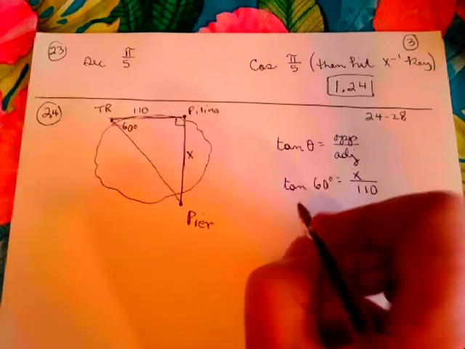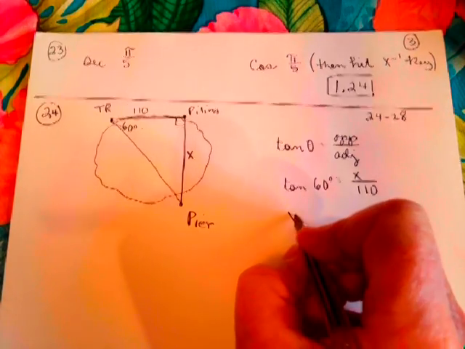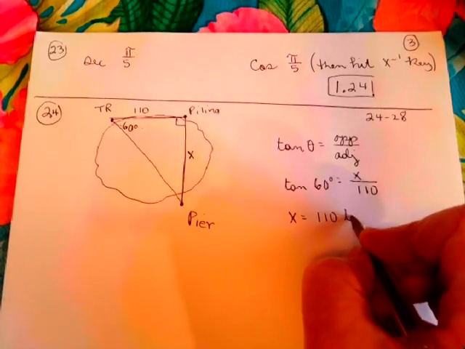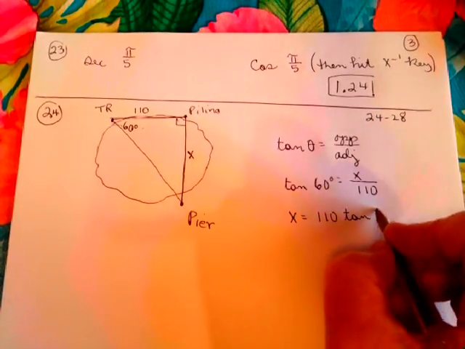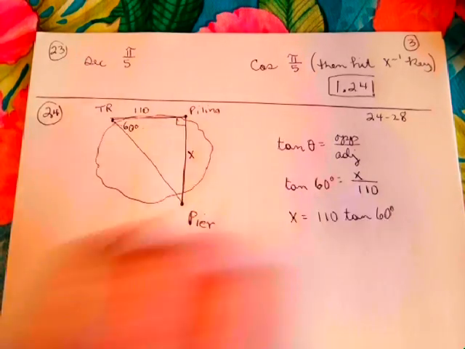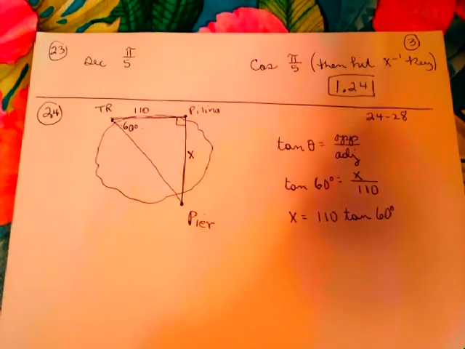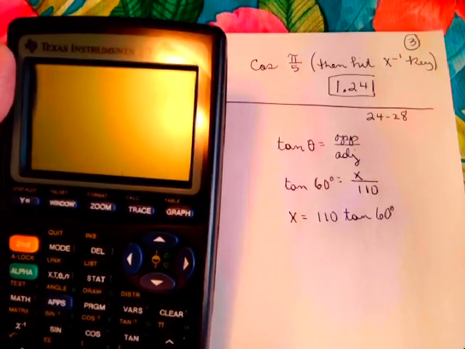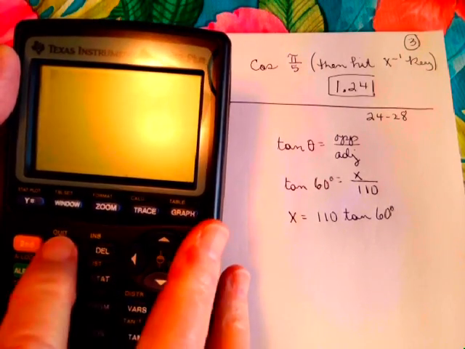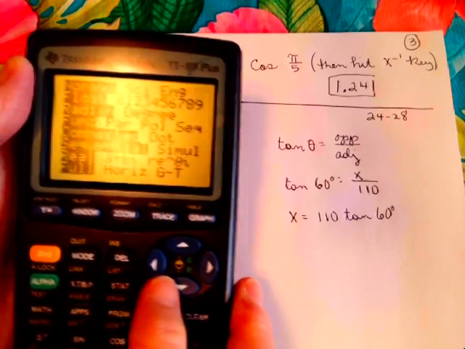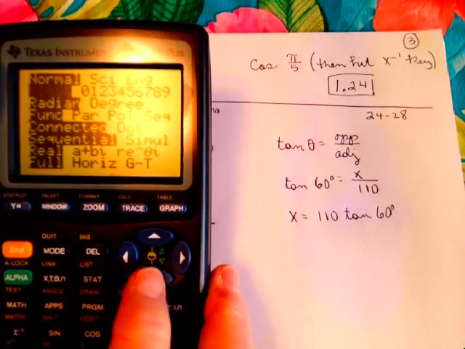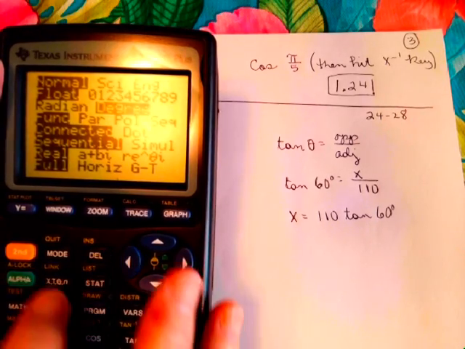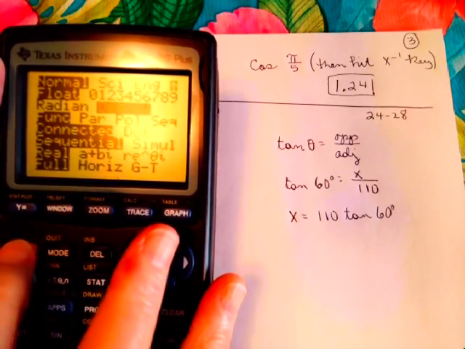After that, multiply both sides by 110. X equals 110 tangent of 60 degrees. Be sure that your calculator is in degrees. Turn your calculator on, mode, change to degrees, second quit.